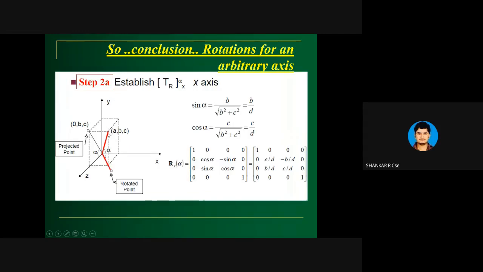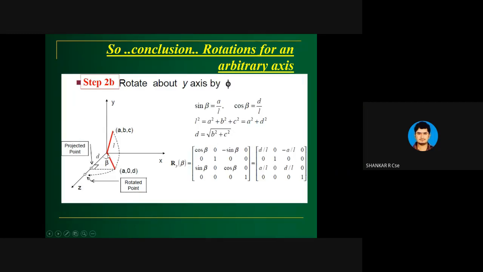Step 2a, you are seeing from here, this is your view volume, the normalized view volume, and 0, that is the projected point. You are rotating via the x-axis. So we got this c by d, b by d, we applied all this. Fine. Step 2b, 2a's output is here.